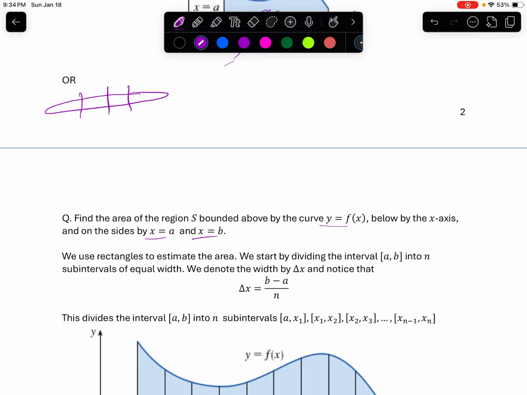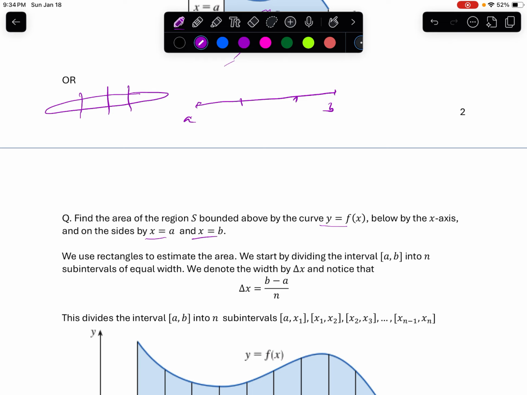So how can we figure that out? Well, you find the length if you want equal pieces. We will divide our interval AB, this is A, this is B, into n subintervals. If I want three subintervals, how many cut marks will I have? 1 and 2.